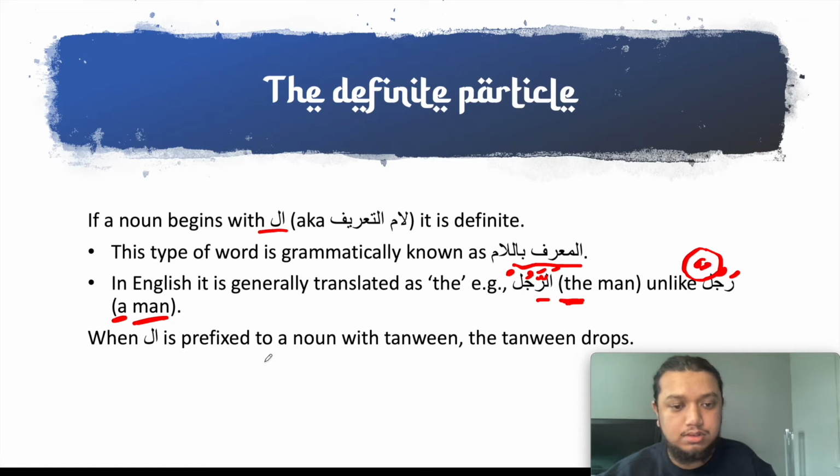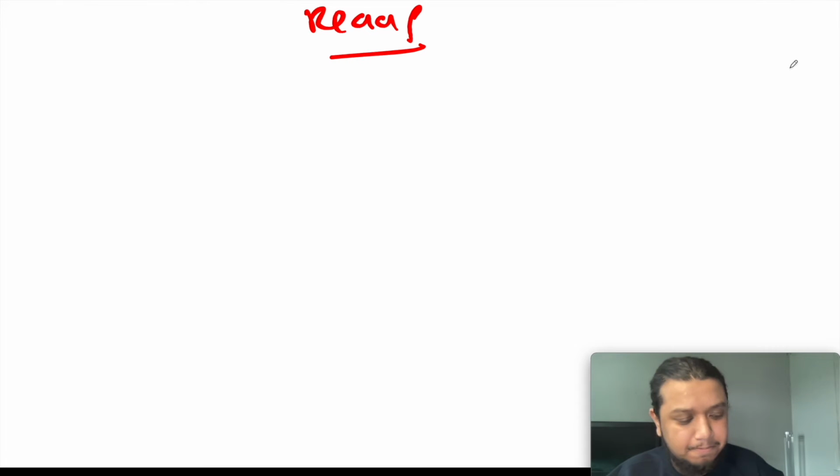It's also important to remember when alif lam is prefixed to a noun with tanween, the tanween drops, and we need to learn this because the aim of this course is to learn to read Arabic and understand Arabic without these vowel markings. So this brings us to a quick recap.